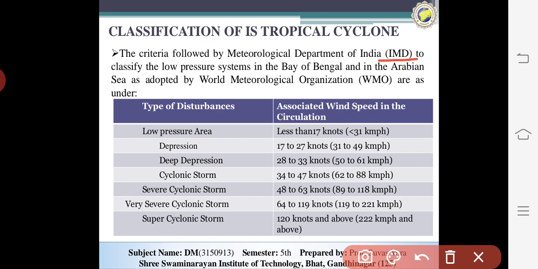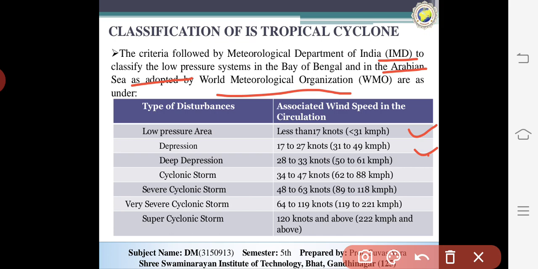It means the IMD classifies the low pressure systems in the Bay of Bengal and the Arabian Sea, adopted from the World Meteorological Organization, as under. So you can see the table. When the low pressure area is less than 17 knots, it means less than 31 kilometers per hour. Then depression, we can say 17 to 27 knots.